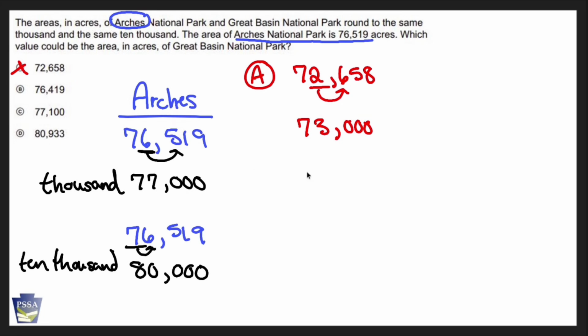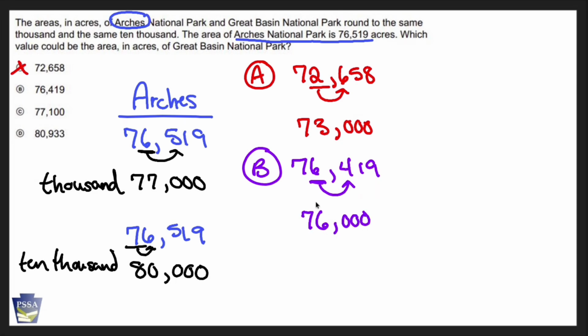Let's try B. B is 76,419. Start at the thousands place value and look to the right of it. 4 or below, let it go, so you stay at 76,000. I was supposed to get 77,000. B is not my answer either.